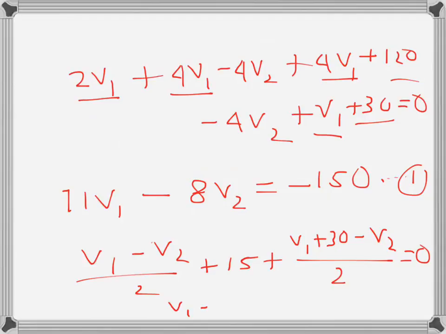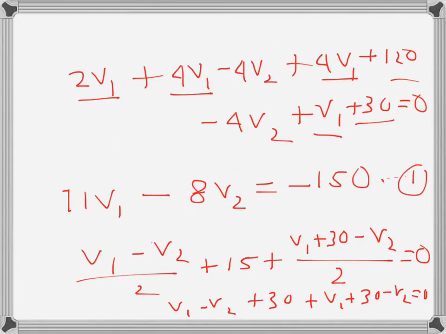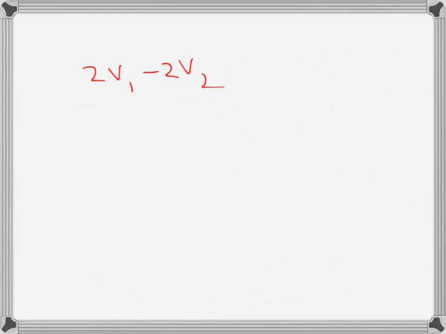So that will be V1 minus V2 plus 30 plus V1 plus 30 minus V2 is equal to 0. So that's 2V1 minus 2V2, and then 30, 30, 60 goes on the right hand side, minus 60.